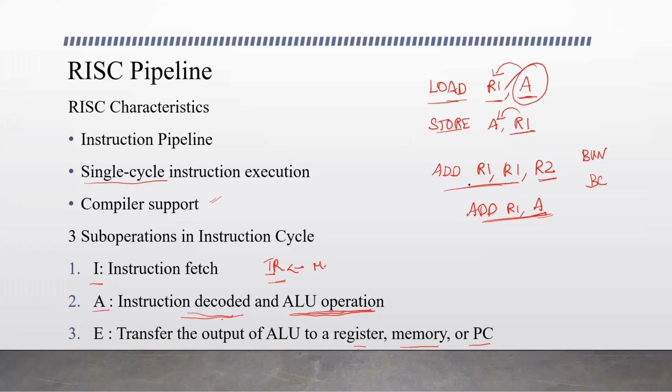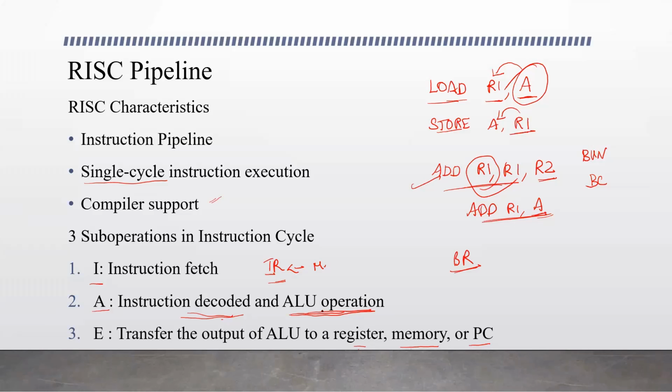Or if it is data manipulation, such as add R1, R1, R2, the operation is adding the contents of registers R1 and R2. The ALU performs the addition of R1 and R2 and stores it in R1. That is the operation done by the ALU. And the third type of instruction is the branch instruction. In the case of a branch instruction, the operation the ALU performs is finding the branch address, or the target address, where to branch.